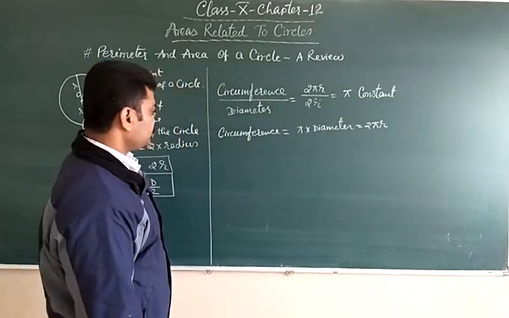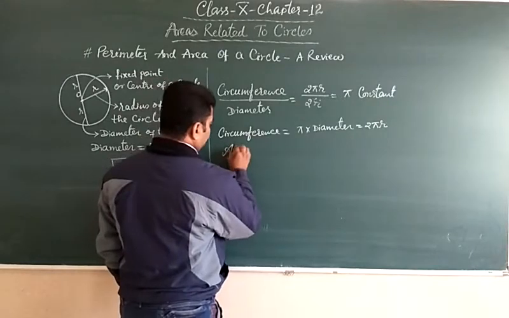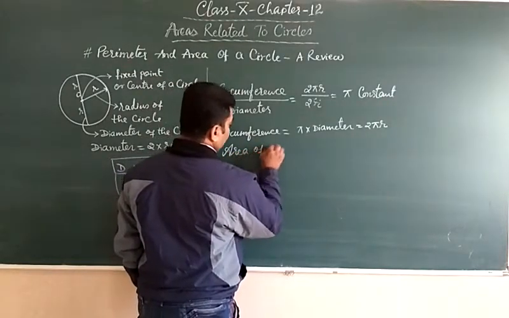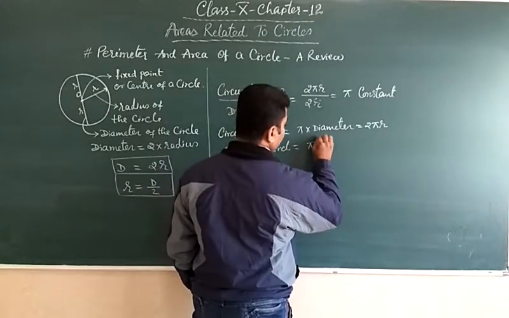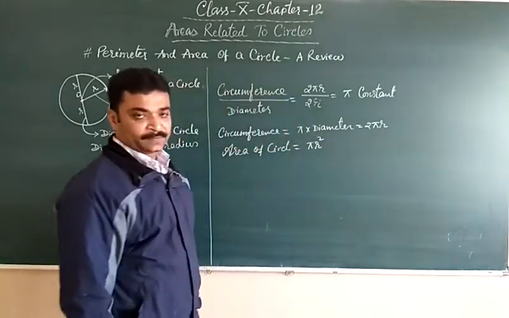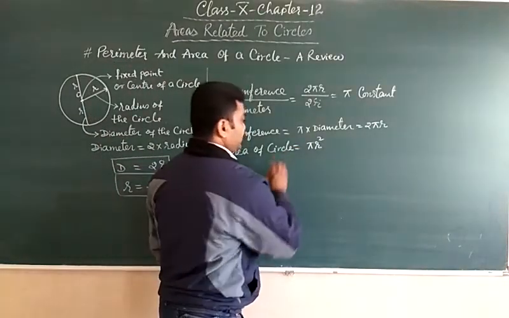Now, what is the area of a circle? Area of a circle is equal to pi r square. Clear? Pi r square.